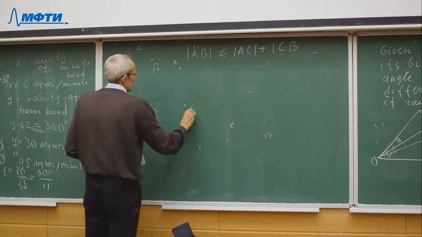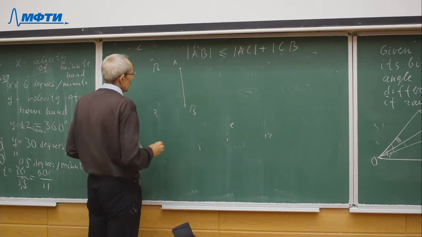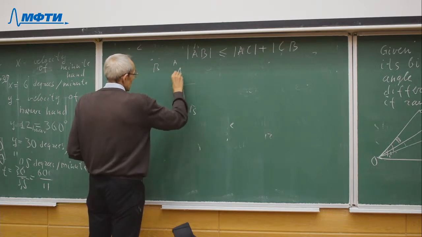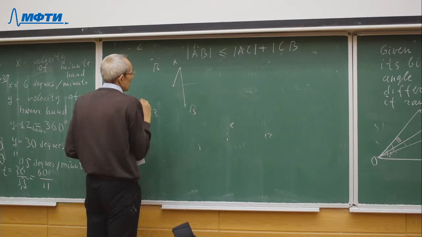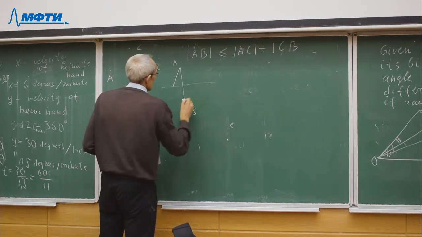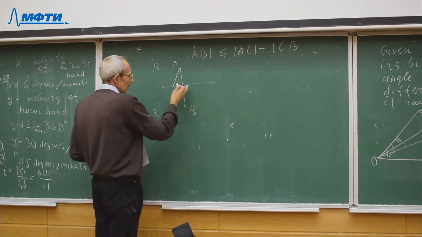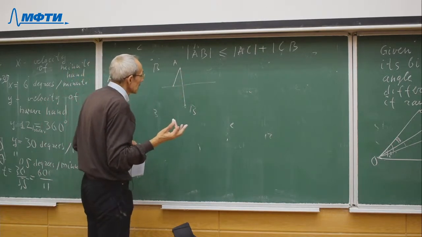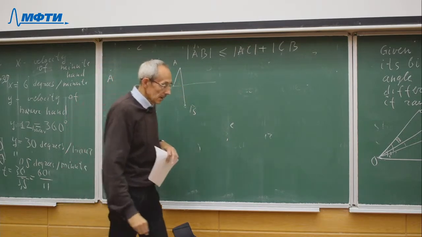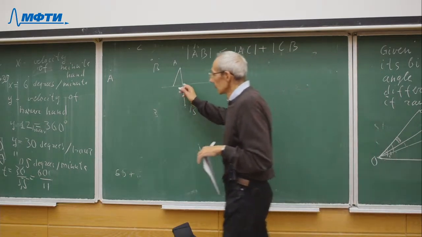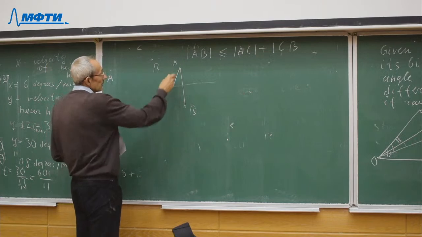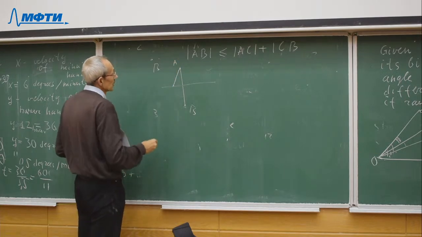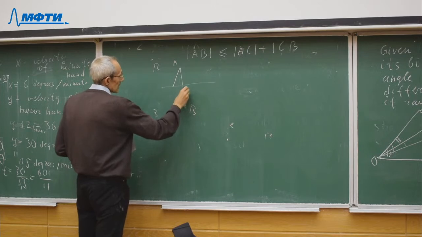If we have a straight line and a perpendicular to it, the distance between a point and a straight line is equal to the length of the perpendicular segment from point A to the straight line.